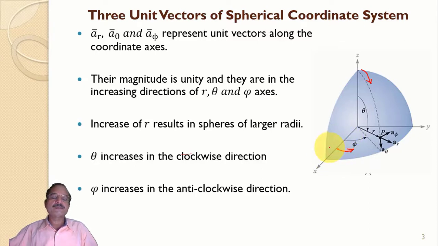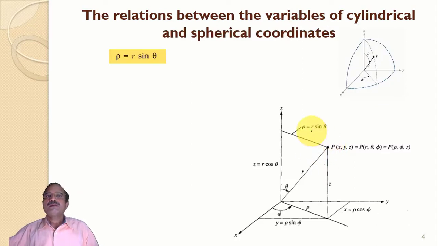Now let us find out the relationship between the variables of cylindrical and spherical coordinates. Cylindrical coordinates are rho, phi, z, and spherical coordinates are r, theta and phi. Now if I consider some point P here, in terms of spherical coordinates, this is the radius of the sphere, and in terms of cylindrical coordinates, rho is the radius of the cylinder.